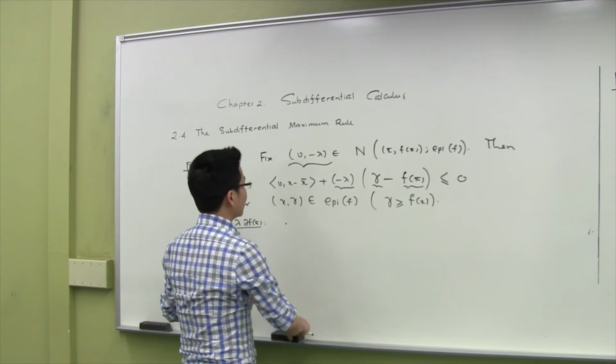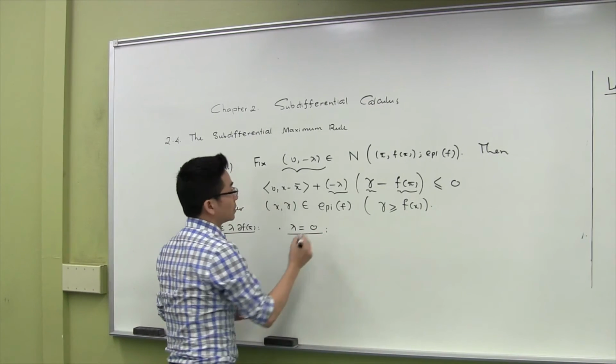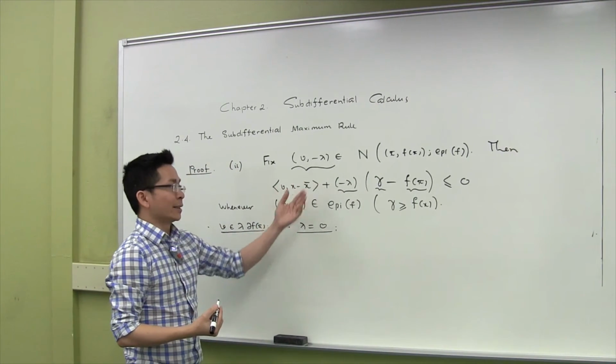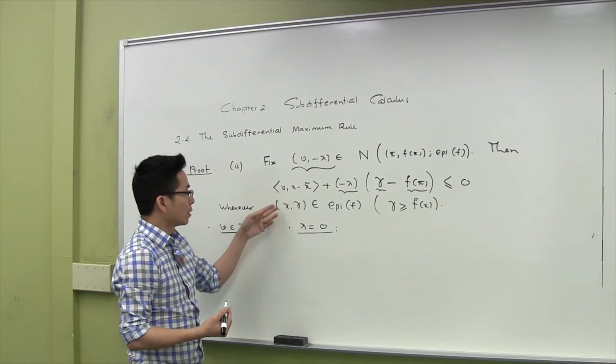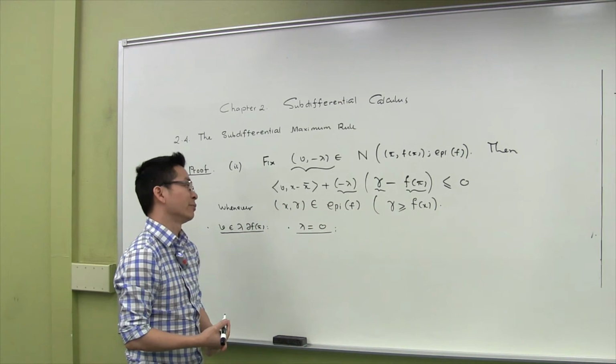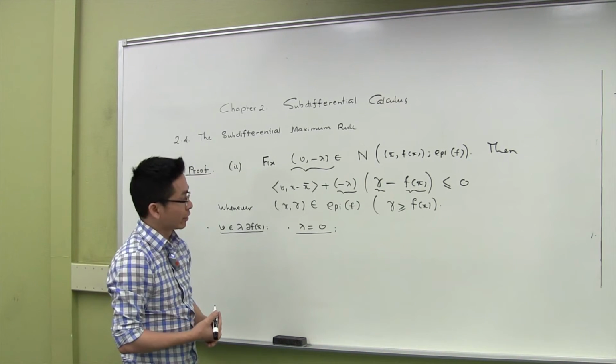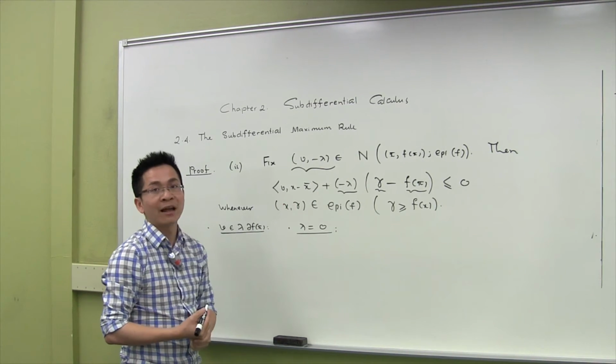Now let's consider the case where lambda is equal to 0. So from this inequality, that is true for whatever (x, gamma) in the epigraph of the function, we can apply this for any x in the domain of the function, and gamma equal to f of x.